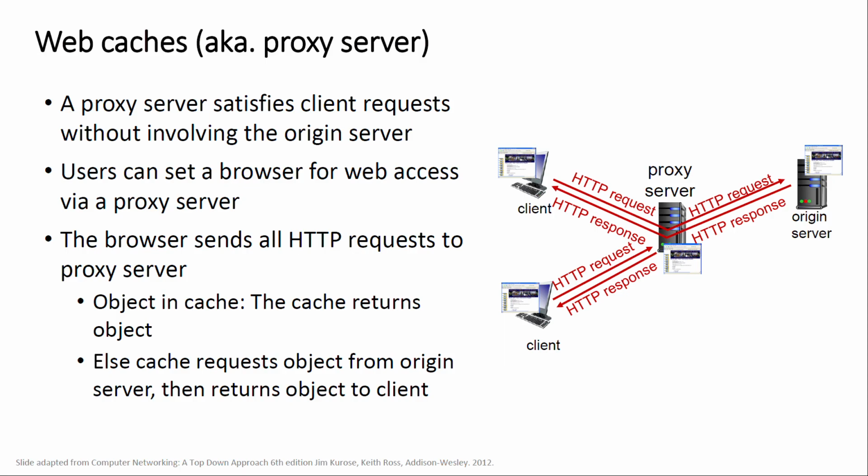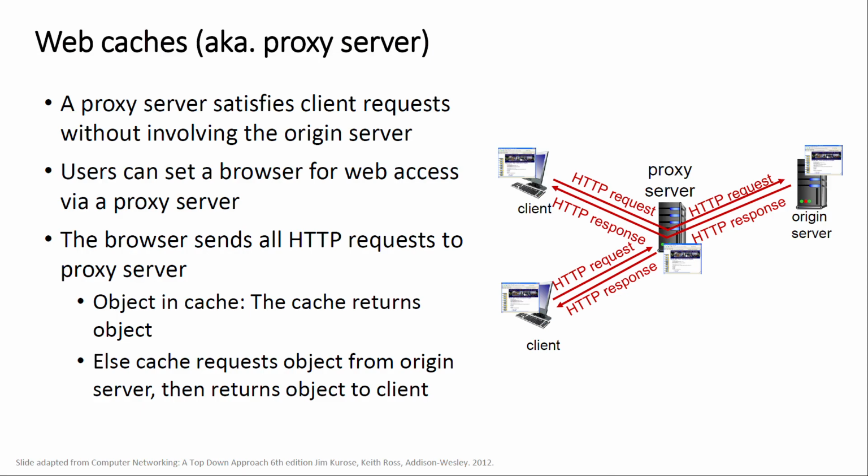Okay, so now let's move on to one of the final topics, which is web caches. So far we have seen how the client and server interact, but remember that at the beginning of this topic we mentioned the queuing delay. If the clients are requesting a lot of data from the server, then there might be a queuing delay, and proxy servers might prevent this.